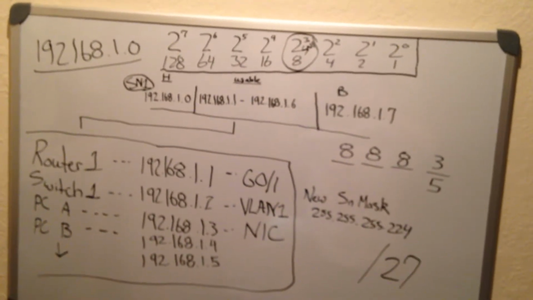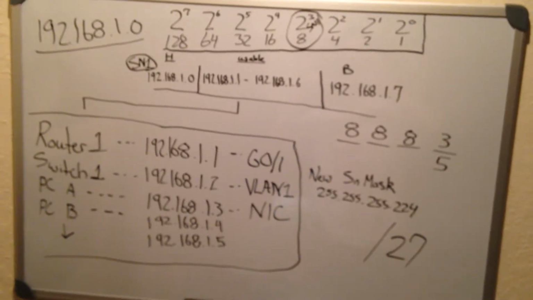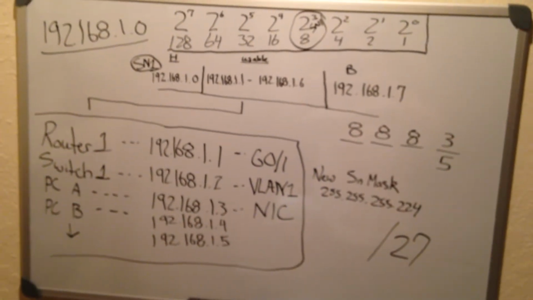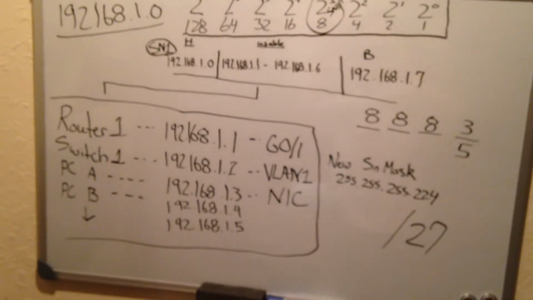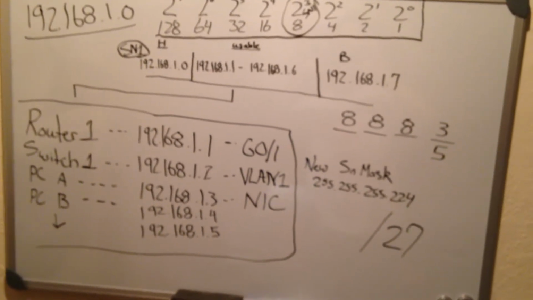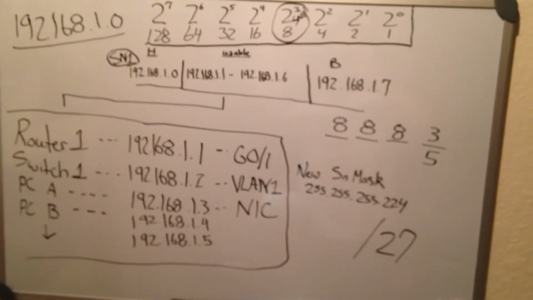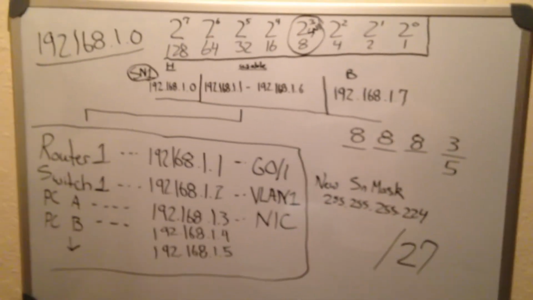As you can see in the middle, the usable addresses that I have are 192.168.1.1 through 192.168.1.6. And that's how they go to from the router. The new subnet mask that I came up with is 255.255.255.224.